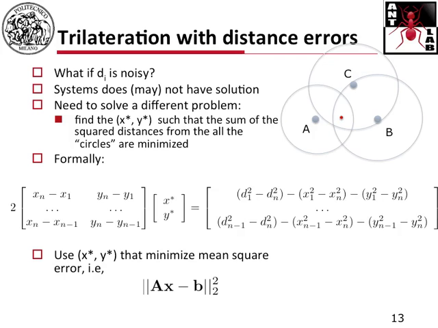Are you familiar with this notation here, with the two subscript here? This is the norm 2 of this vector. That's a difference between two vectors, so it's a vector.